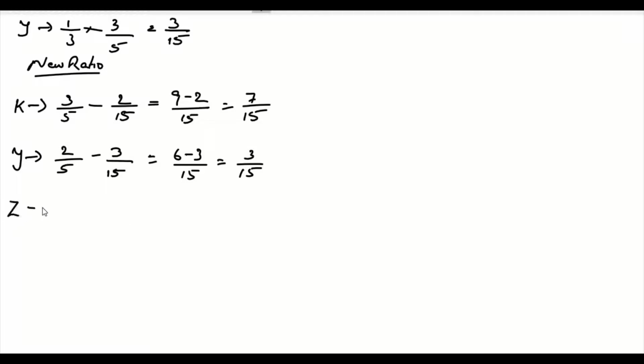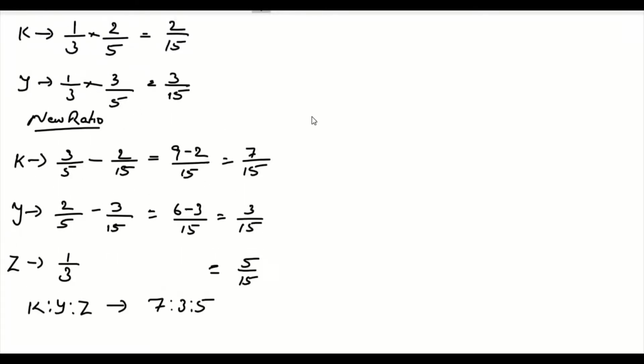Then we have Z's share, which is already given in the question. It's 1 by 3. If we have to have the same denominator, it's going to be 5 by 15. So the new profit sharing ratio between K, Y and Z is going to be 7:3:5.